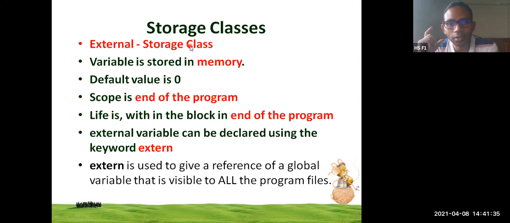Register variables are created on the CPU, provided you provide the data for a register variable not exceeding 2 bytes. And if the register is available, then only it is going to allocate on register memory. Otherwise, if the value exceeds more than 2 bytes or there is no empty register, it is going to convert that variable into an automatic variable by default.